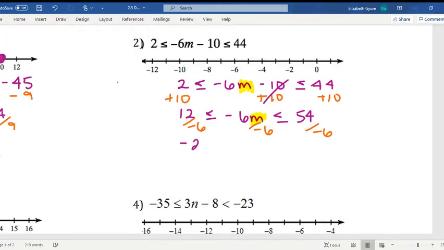So you'll have negative 2. Your less than or equal to is going to switch around, become a greater than or equal to. Your negative 6's in the middle cancel, so you'll just have an m. Your less than or equal to here will become a greater than or equal to. And then 54 divided by negative 6 is, any ideas? Negative 9.